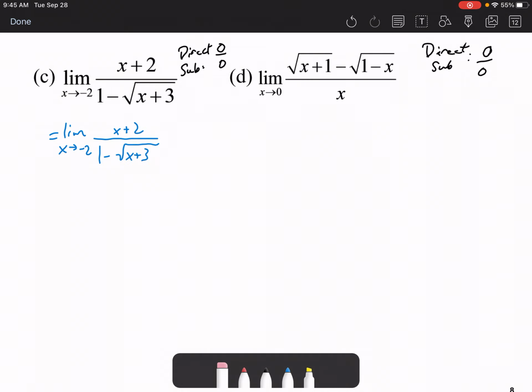Okay, so for this one, I'm going to multiply the top and the bottom by the same value. This time I'm going to multiply by 1 plus the square root of x plus 3. It's the same expression that I had in the denominator, except in the middle between the one function and the other function, I'm changing the sign.